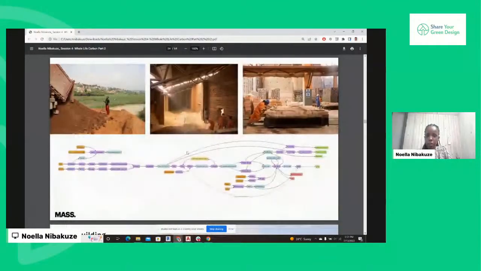So from that, we worked with a local brick manufacturer. We can think that bricks are simple materials, but actually we worked with them to think about the embodied carbon that it costs for those bricks.